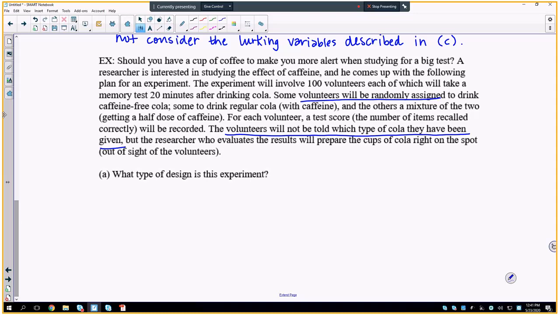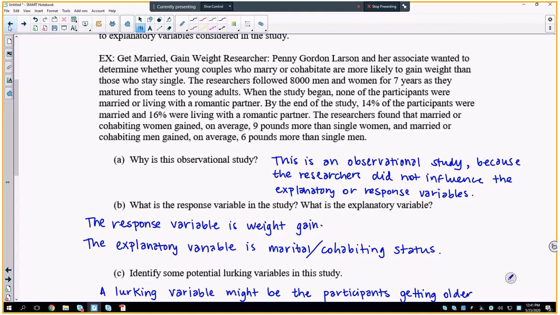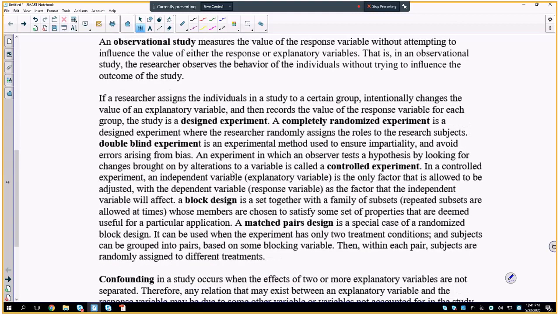So let's go back and look at the information we had about types of experiments. A randomized experiment is a design experiment where the researcher randomly assigns roles. So it sounds like we've met that criterion.